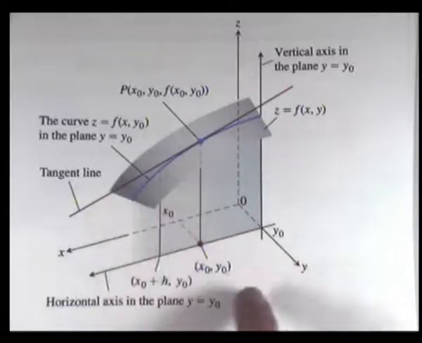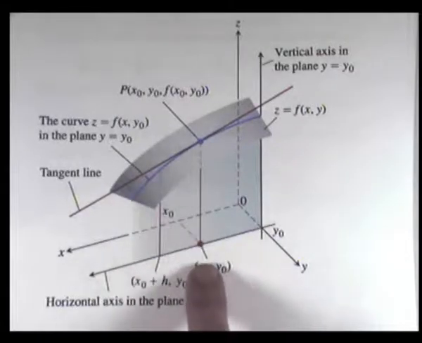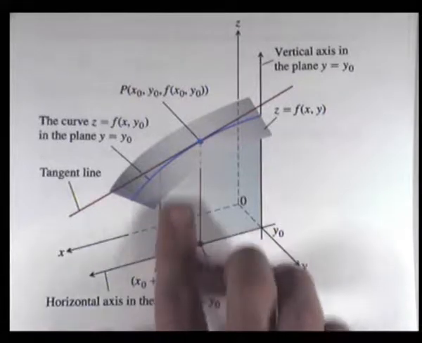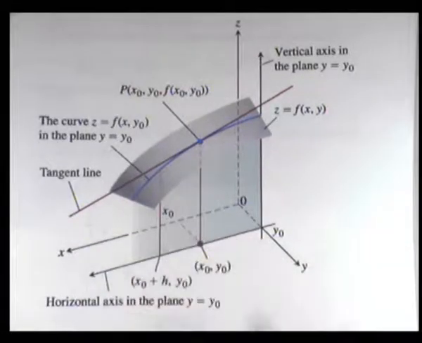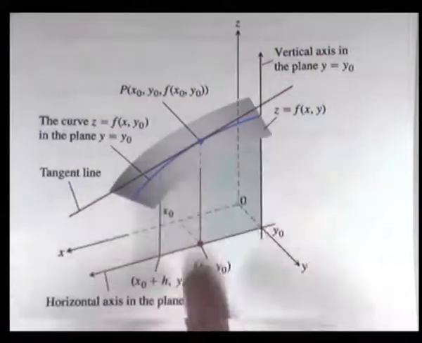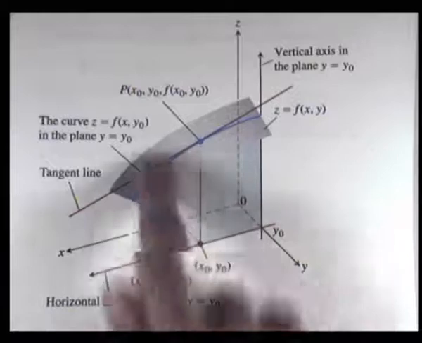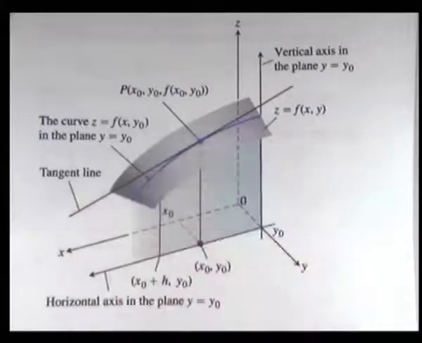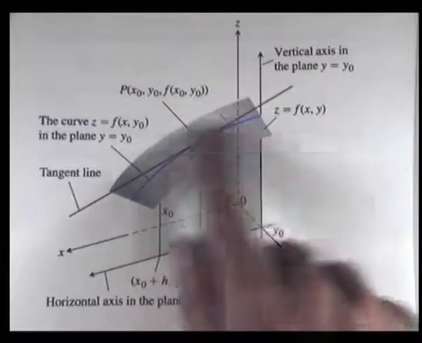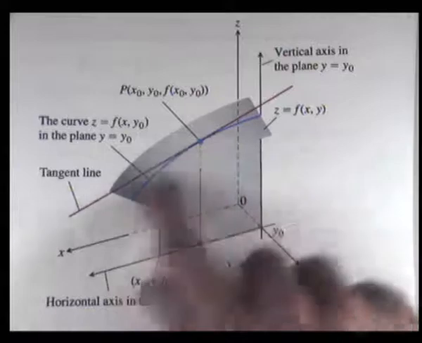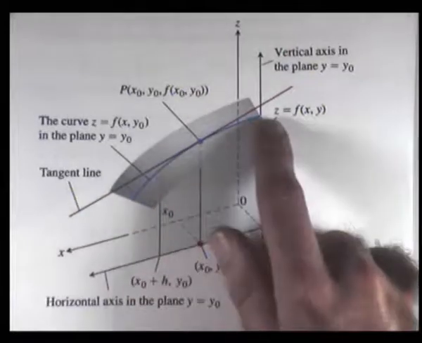At this point x0, y0, we construct a vertical plane that is parallel to the xz plane. You can think of this green plane as a section. This section intersects the grey surface to form this blue curve.